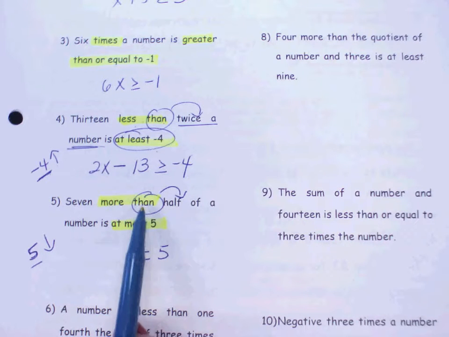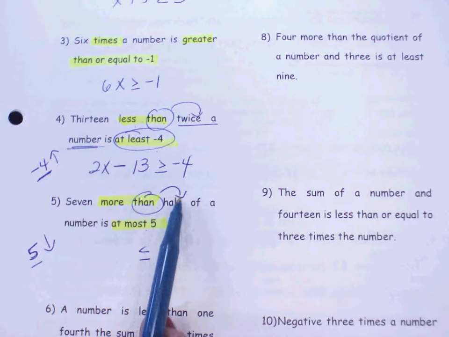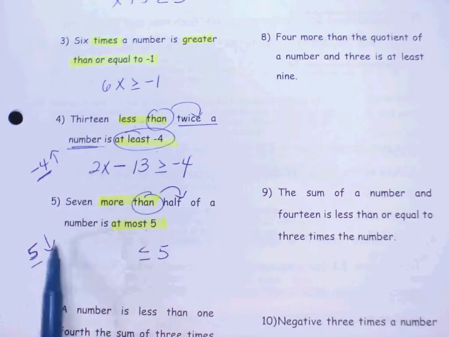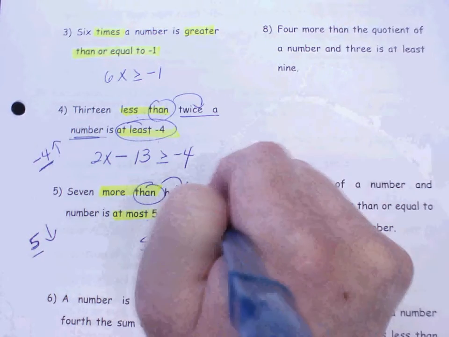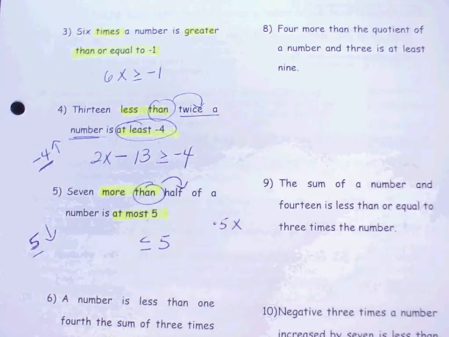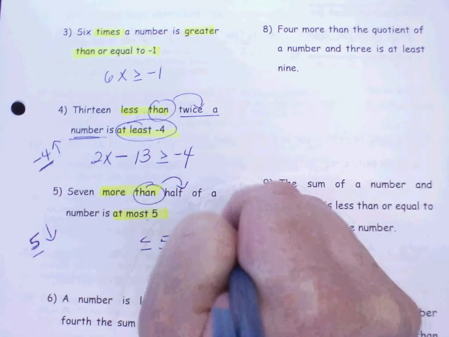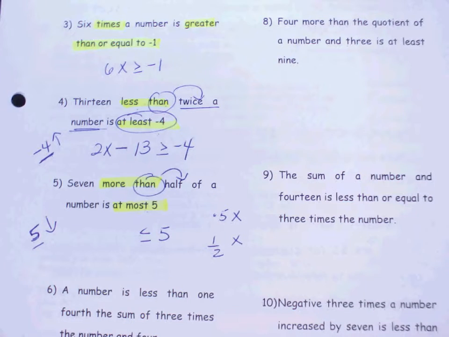Now let's translate what goes in front of that. Let's pay attention. That's your backward word. That goes first. What's half of a number? How do you write half of a number? You can do 0.5. Yes, you can. 1/2. Very good. What else can you do? You can do 0.5x.